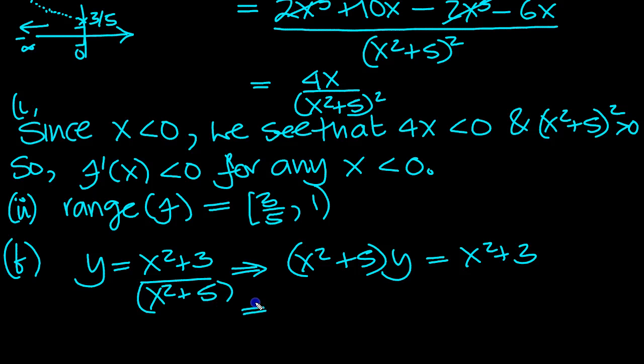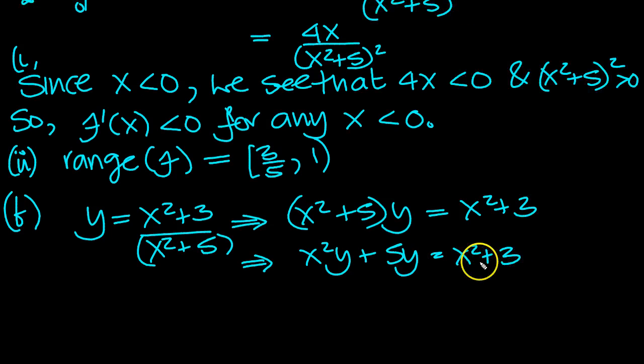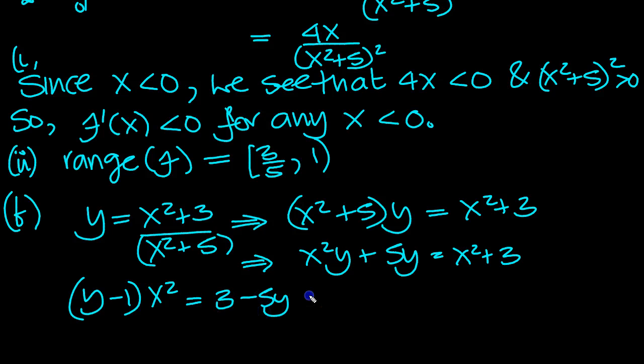And that tells us then that x squared y plus 5y is equal to x squared plus 3. So let's collect all the x squareds together then. So move this over here. y minus 1, lots of x squareds, when we collect the x squareds outside, is 3 minus 5y. And that tells us then that x squared is 3 minus 5y over y minus 1.